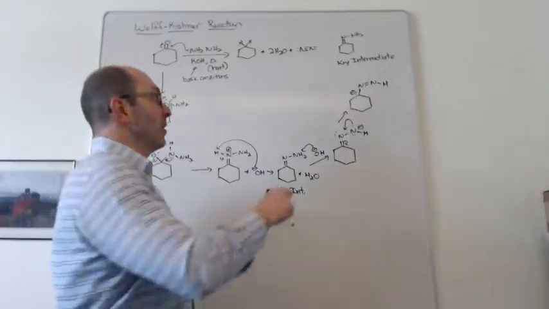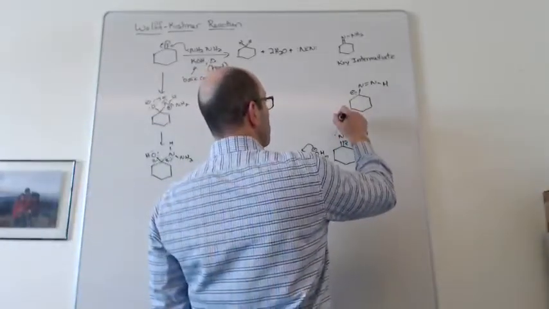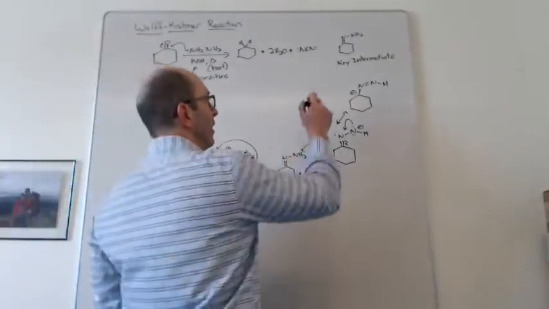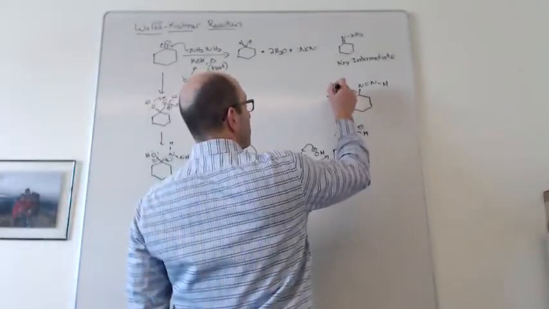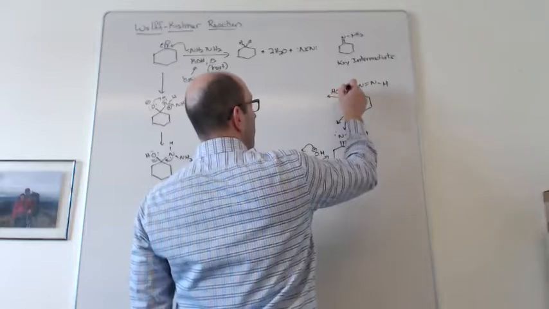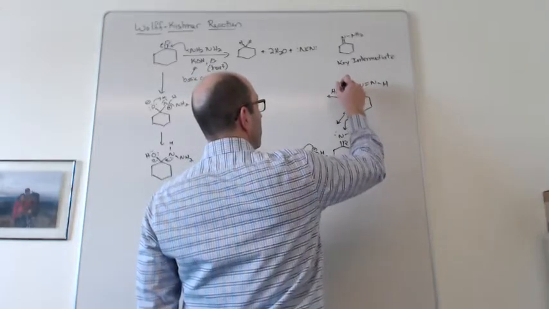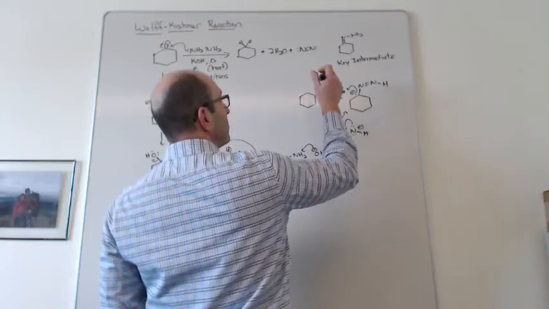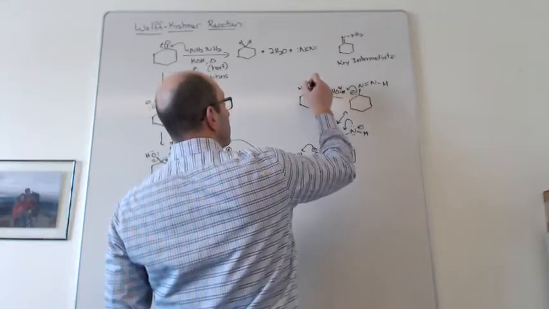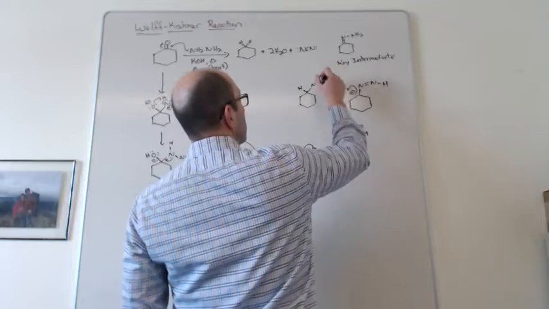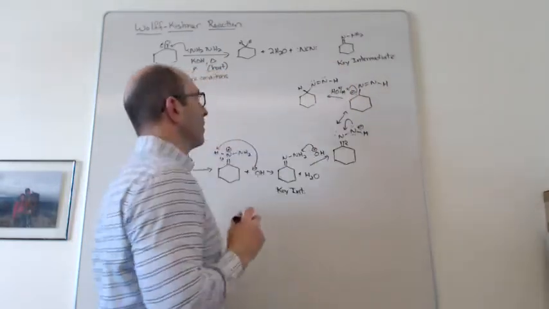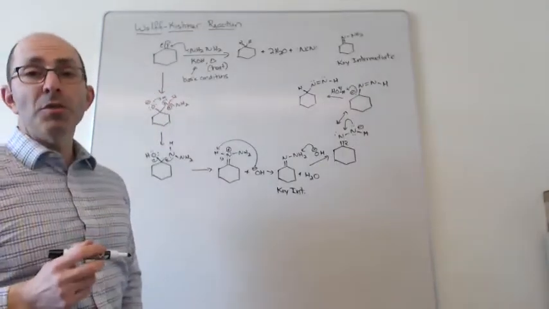And again, these are resonance structures, so make sure we have the right arrow. And that's going to enable us to react with water to make the first CH bond that we need. And then we just do that again.